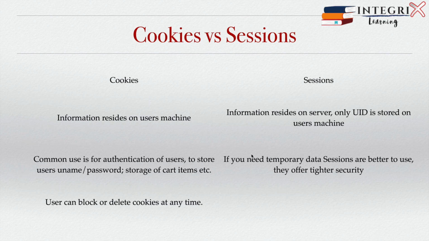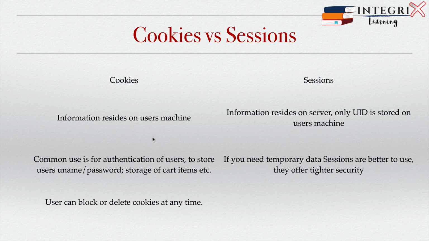Now, here's a quick table which I have prepared to highlight the difference between cookies and sessions. Cookies: information is residing on the user's machine. Sessions: information is only on the server, and the session ID is the only element which is stored on the user's machine. The common uses for cookies are authentication of users, storing usernames, passwords, storage of cart items, etc. If you need some data which is temporary for the current application session, sessions are better to use as they offer tighter security.